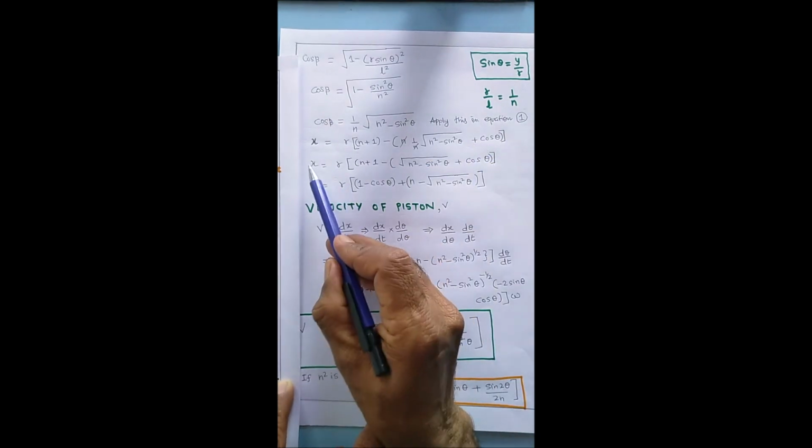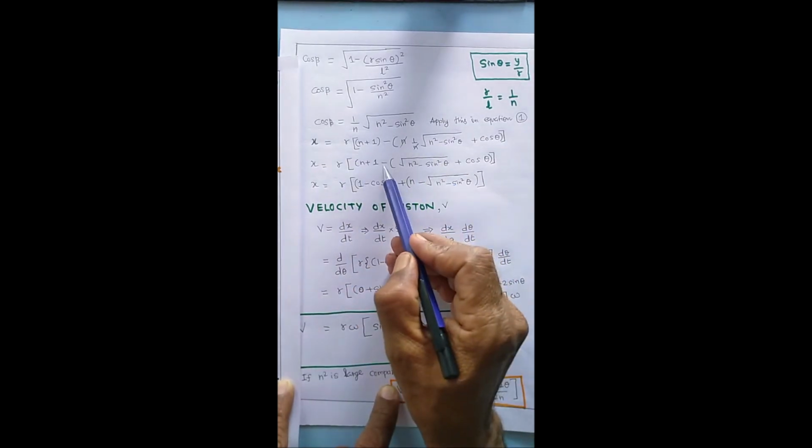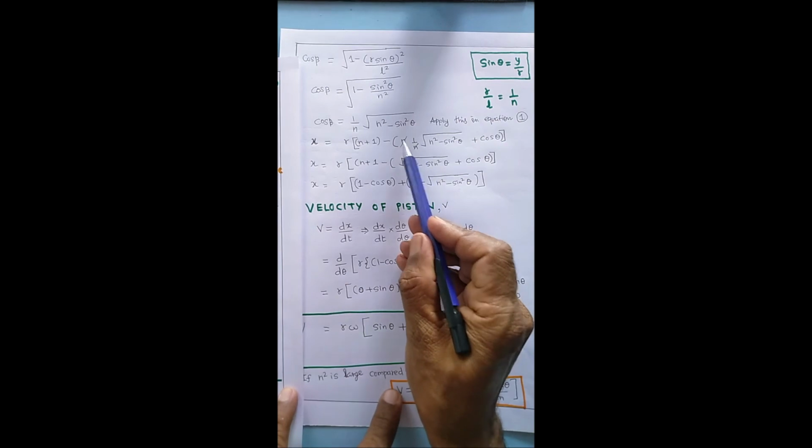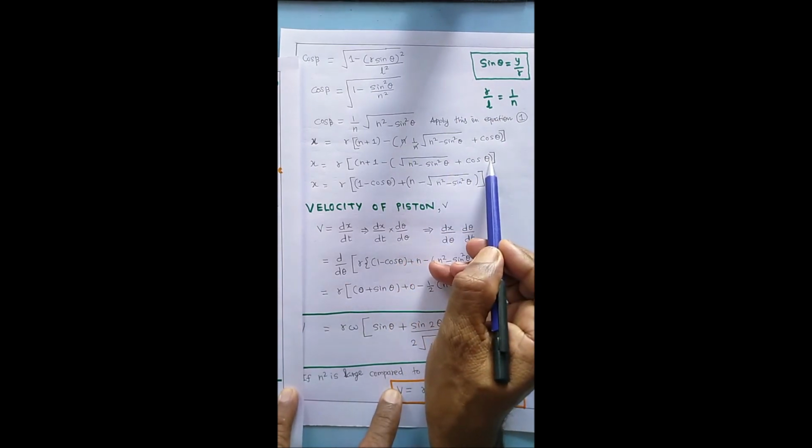Okay. So x is equal to r into n plus 1 minus, so n getting cancelled, root of n squared minus sin squared theta plus cos theta.